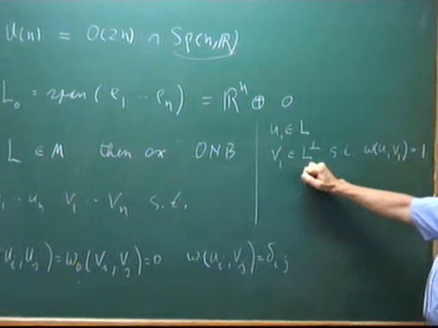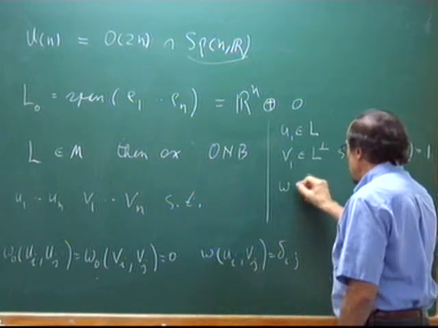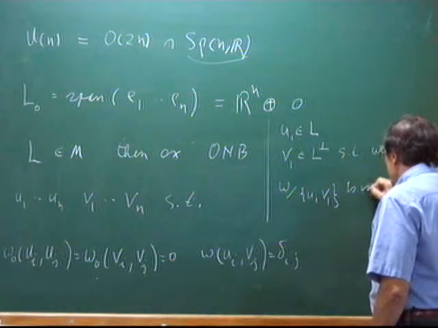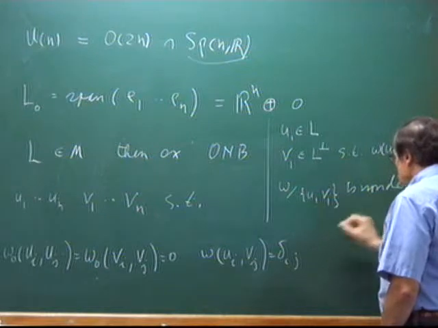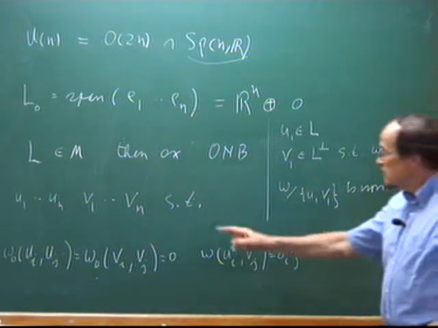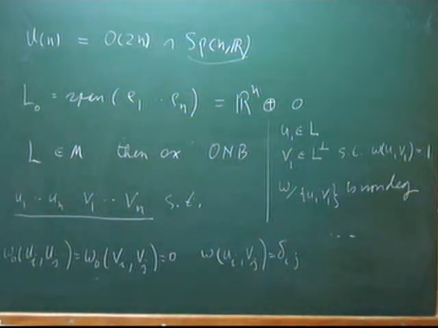I can certainly make it lie in L perp. And now I know that omega restricted to the span of these two vectors is non-degenerate. And I keep on going. Right, but the nice thing is that in this construction here, I can choose this basis to be orthonormal.